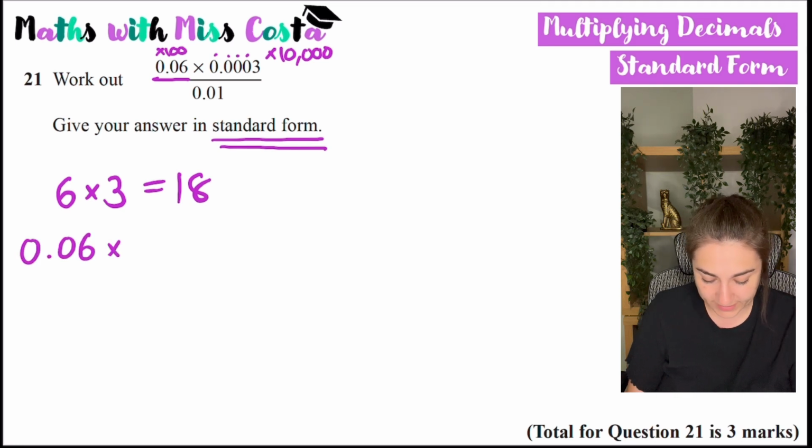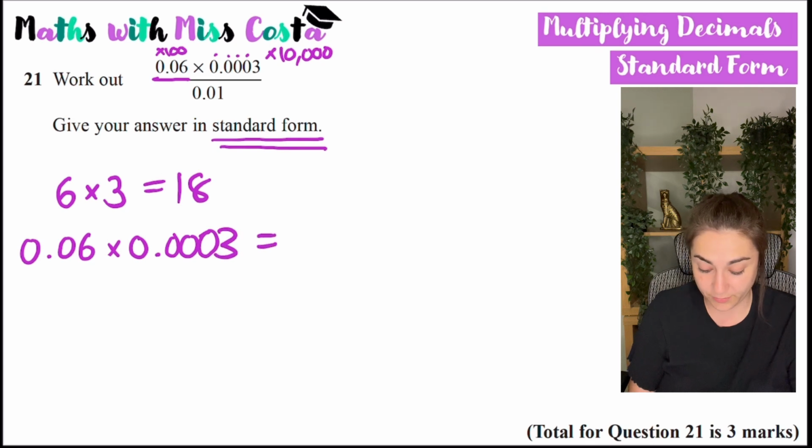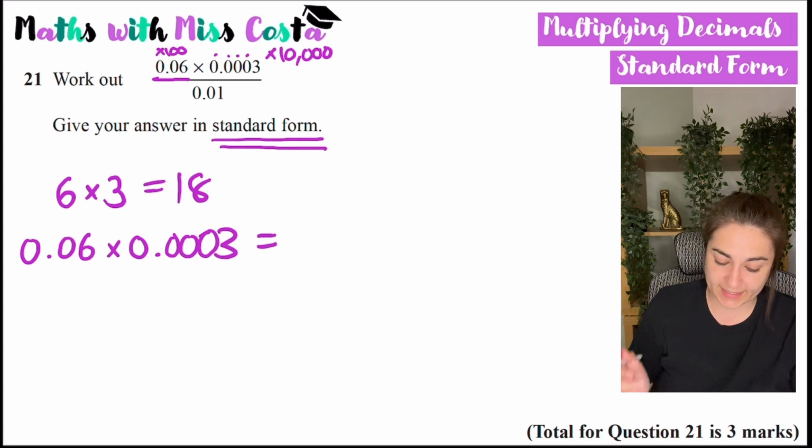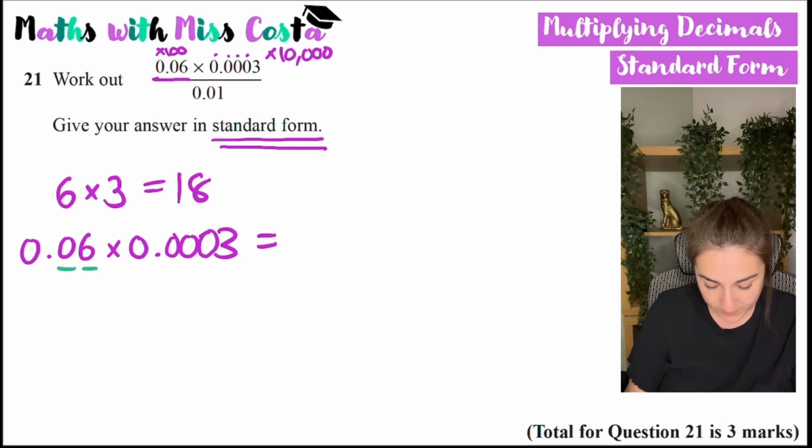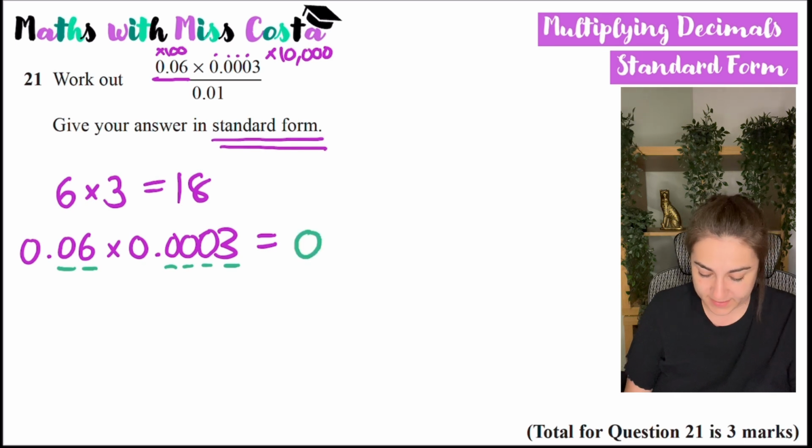Now 0.06 times 0.0003, what I want to do is either divide my calculation by 100 and then 10,000, or you can just think, how many digits are after the decimal point in my calculation? So I've got 1, 2, 3, 4, 5, 6 digits after the decimal point.